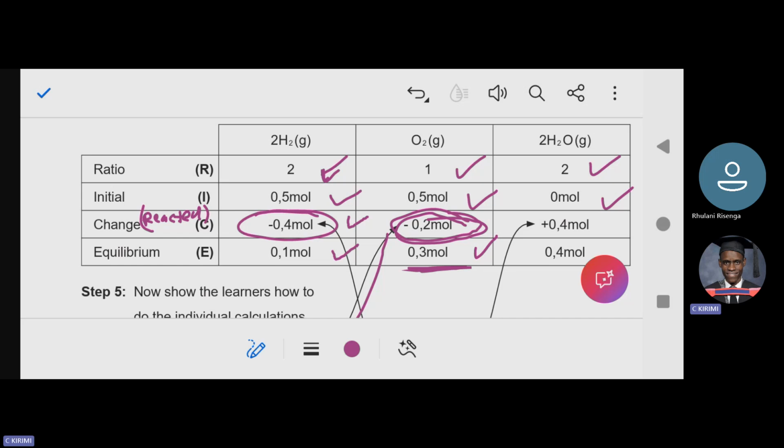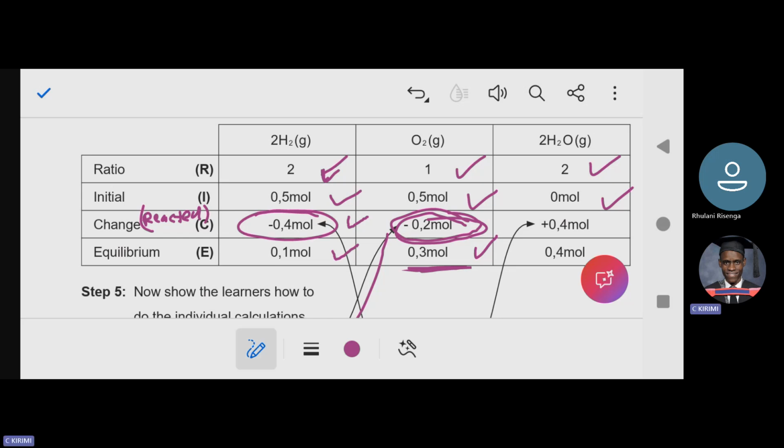So you're about to complete your table now, but we don't have those values on the right. Initially, we are saying we are having 0 moles, but in terms of reaction, check in terms of reaction. You should also have negative, which means the reactants are being used up to form the product. That's why we are having a plus there.